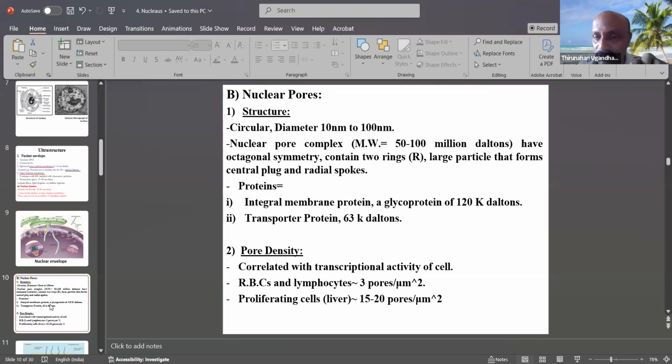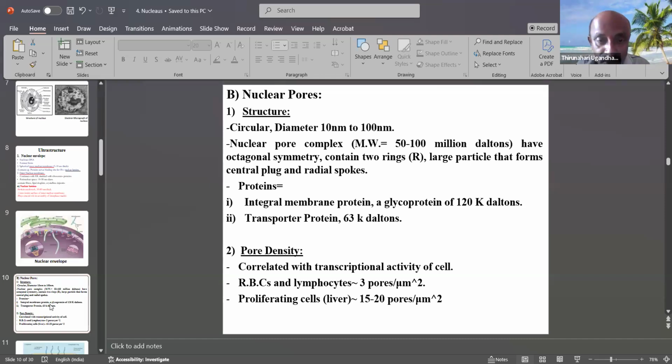It contains 2 rings and large particles that form a central plug and radial spokes. In the nuclear membranes, the nuclear pore complex is made of protein structures. These proteins are integral membrane proteins, glycoproteins of 120 kilodaltons.